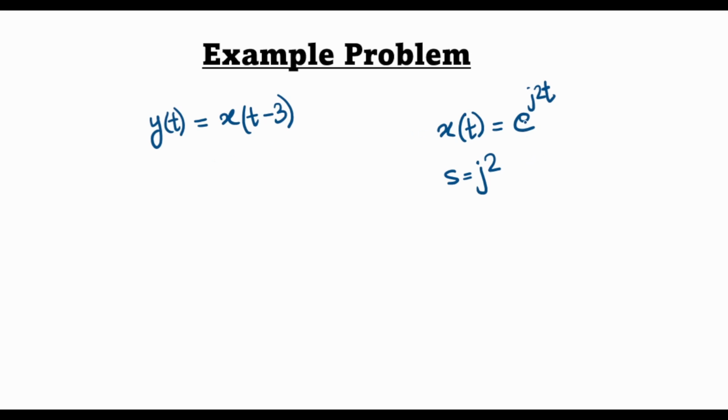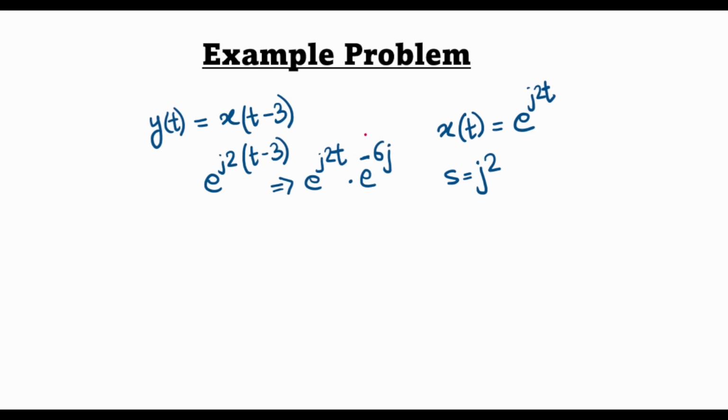Now if I substitute this into this equation, I will get e to the power j2 times t minus 3, which can be written as e to the power j2t times e to the power minus j6.